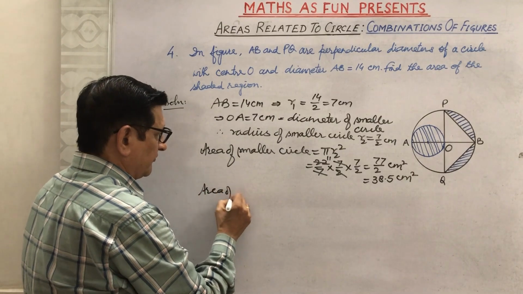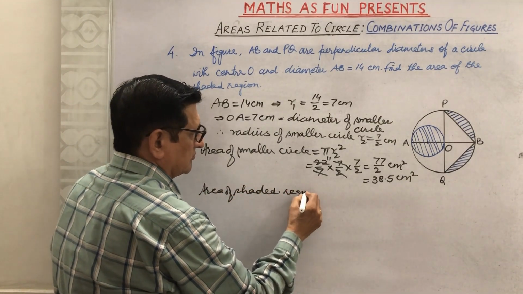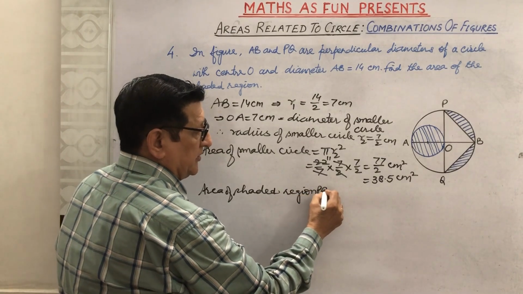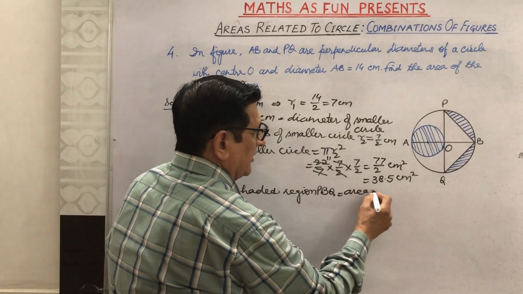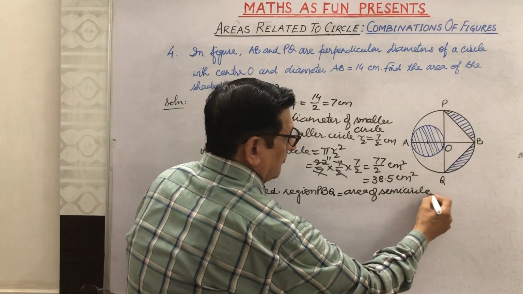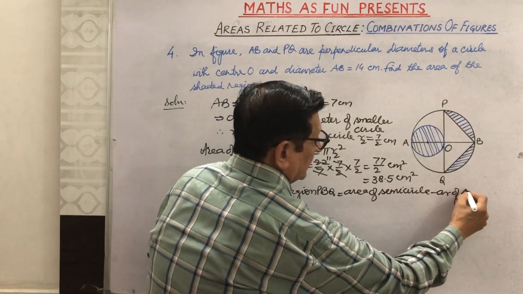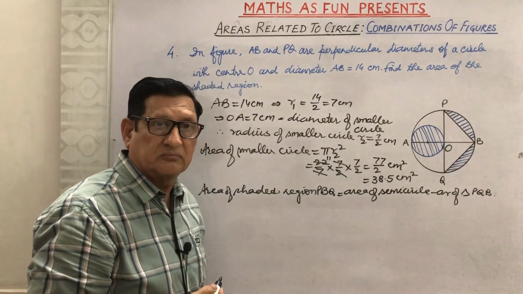Area of shaded region PBQ can be taken as area of semicircle minus area of triangle PQB.